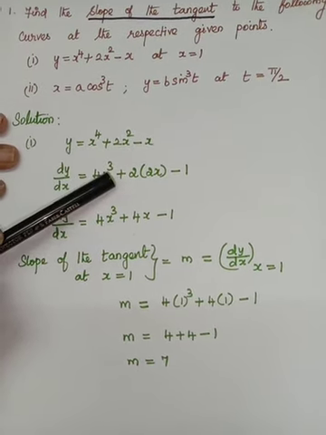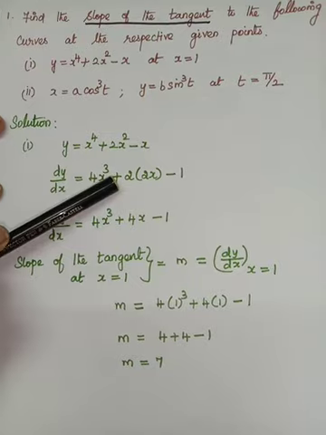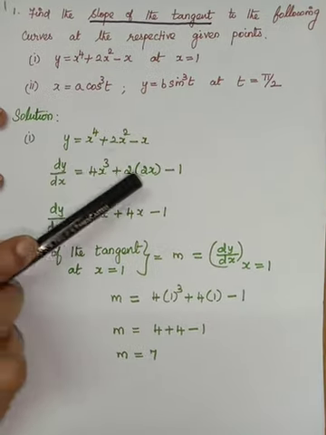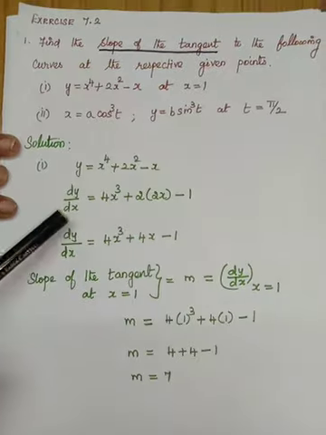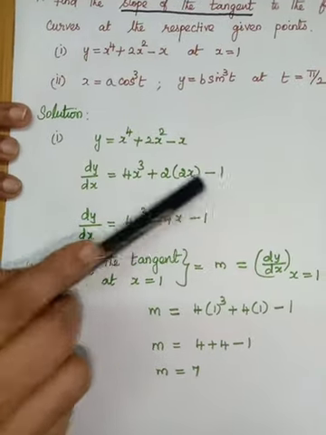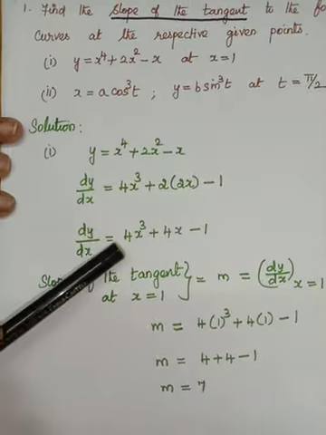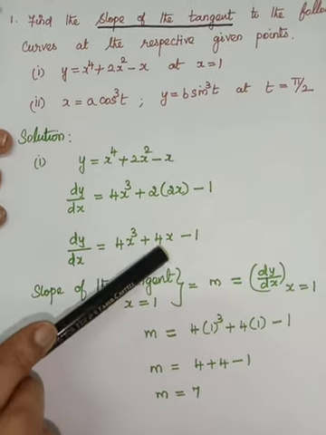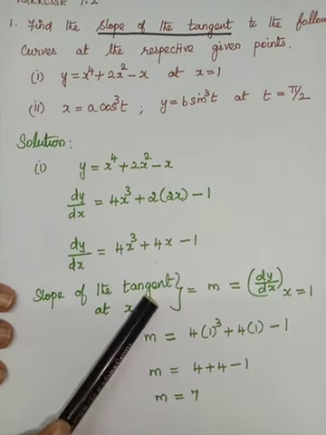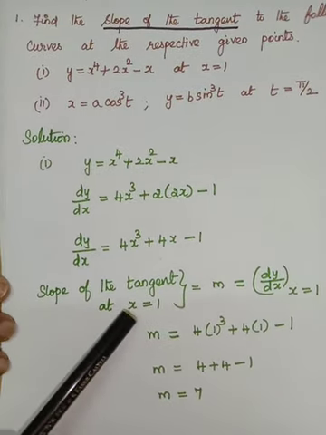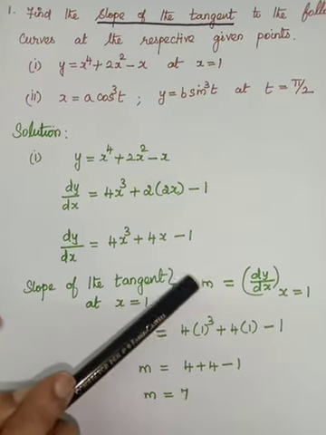So go to the second term. 2 is a constant. The differentiation of x^2 is 2x. Okay, the differentiation of x with respect to x is 1. So dy/dx is 4x^3 + 4x - 1. Now what is asked? Slope of the tangent at which point? At x = 1. So it is denoted as m.